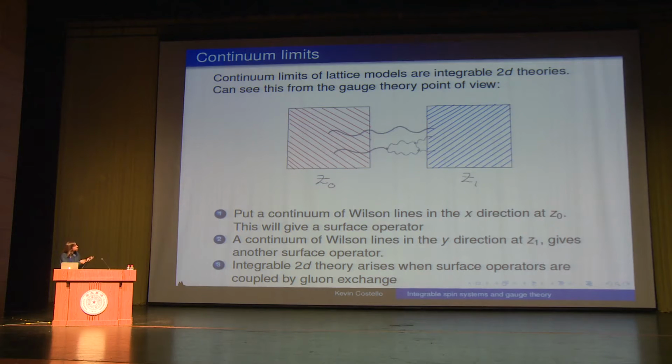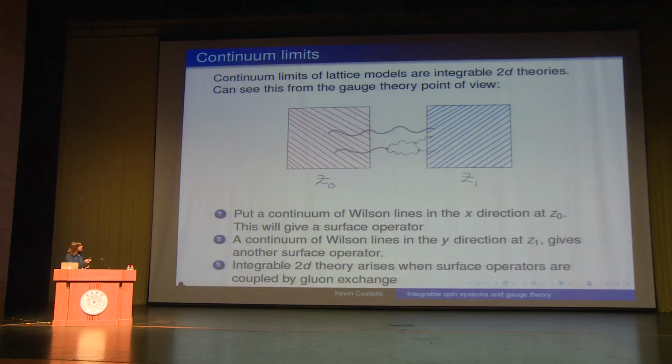So to take a continuum limit of a lattice model, we should replace this very large number of parallel Wilson lines by a continuum of Wilson lines, and another continuum of Wilson lines here. That continuum of Wilson lines will now be a surface operator instead of a line operator.